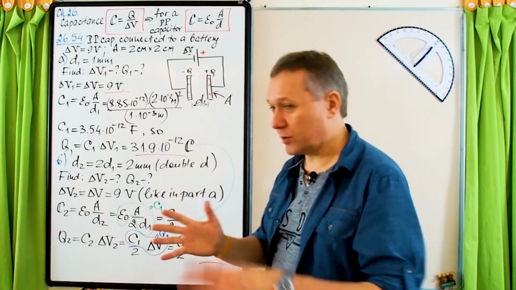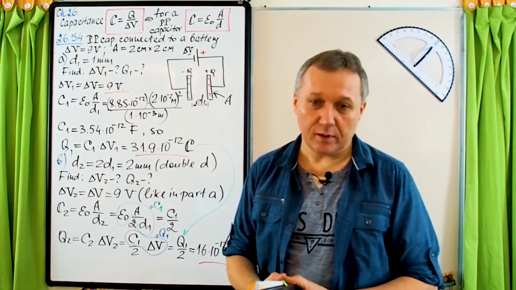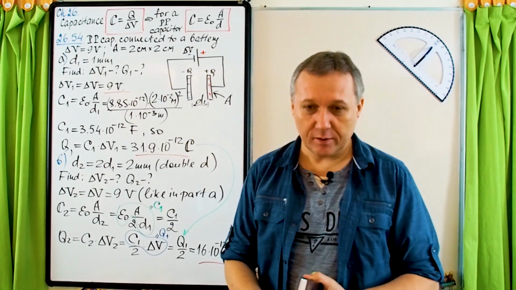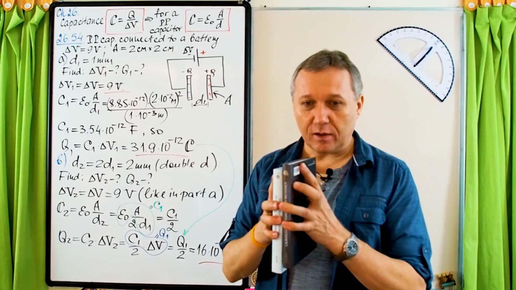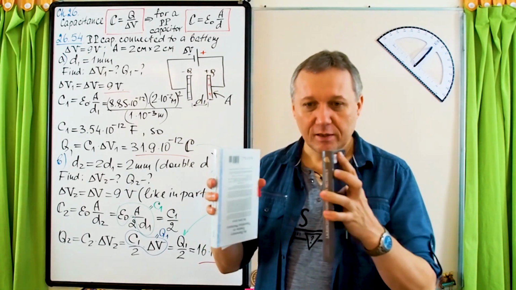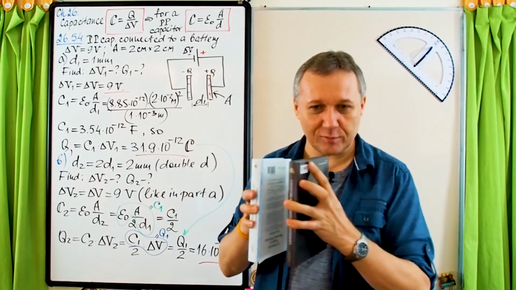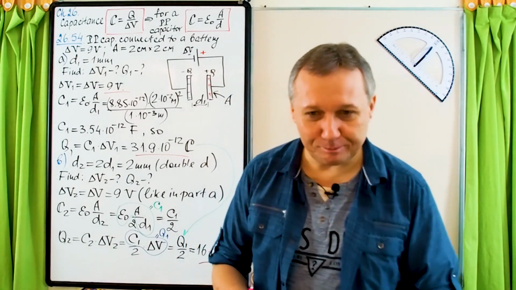But in this case, you increase the space, charge runs back to the battery. So by moving the plates, you can reduce the amount of charge in the capacitor, increase charge, reduce charge, increase charge, and you can play.